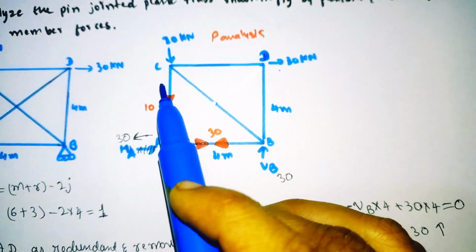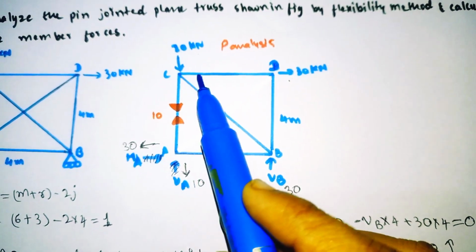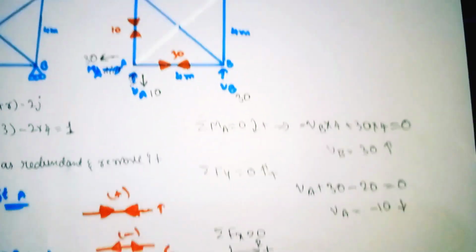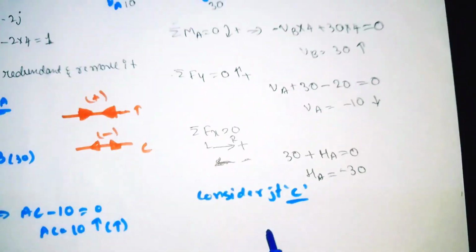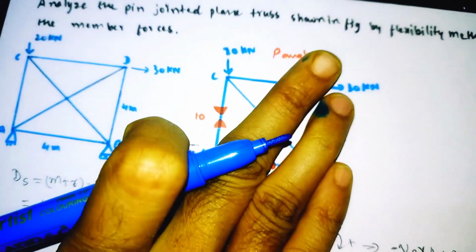Now we'll take the joint C. It has 2 knowns and 2 unknowns, so we can easily calculate it. Consider joint C and draw it as it is. You only need to see this portion.